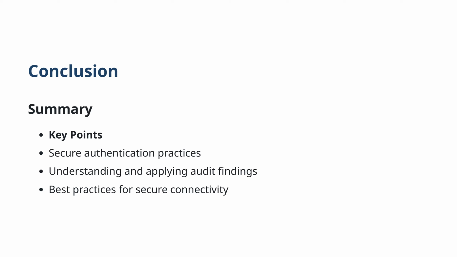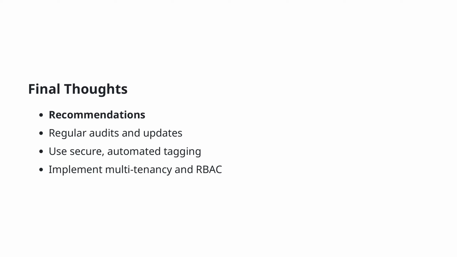Lastly, we discussed best practices for secure connectivity. This includes configuring security groups with precise rules to restrict access and minimize potential threats. By following these practices, you can significantly enhance the security posture of your deployments. In this slide, we are presenting our final thoughts and recommendations for implementing robust security measures. It's important to conduct regular audits and updates to ensure your system remains secure and compliant with best practices.